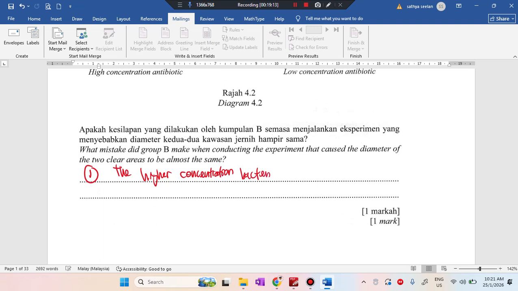Bacteria culture, high concentration antibiotic, antibiotic is expired.